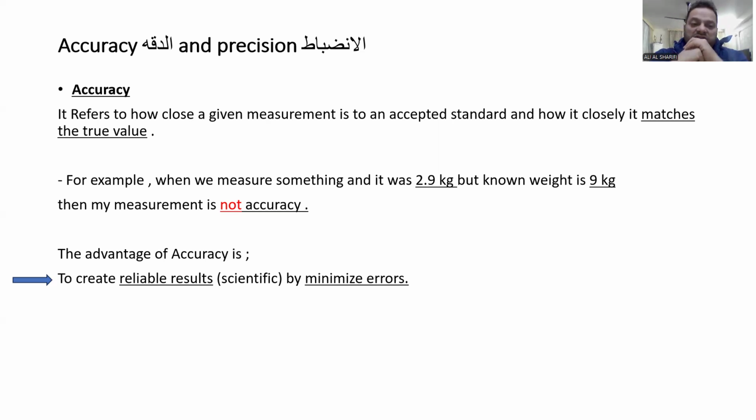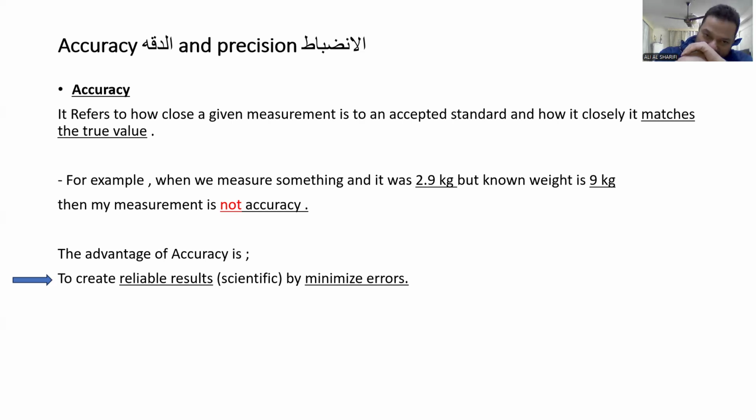Accuracy, let's give an appropriate definition. It refers to how close a given measurement is to an accepted standard and how well it matches the true value. It's important. It must be as close as possible to the true value to be acceptable. For example, when we measure something and it was, like I said before, 2.9 kilograms, but the known weight is 9 grams, it's not acceptable.